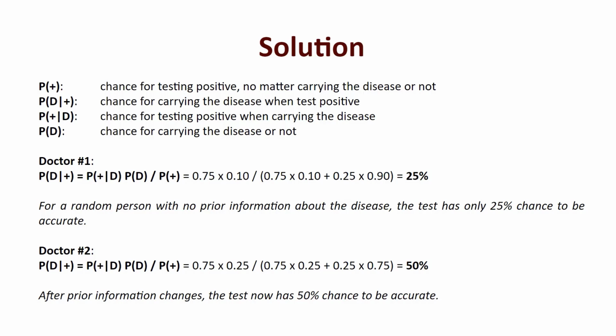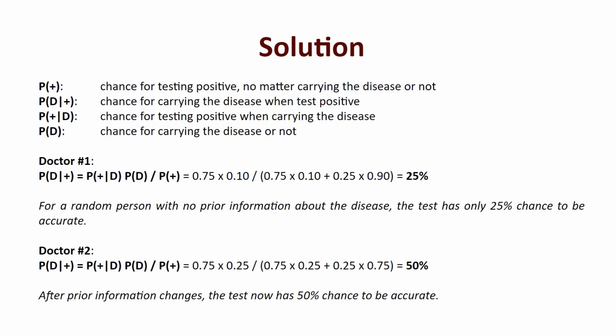And P(D) is the chance of carrying the disease. P(D) is simply the 10% for the general population, because we know this contagious disease is carried by 10% of people. That's the only one with a clear label here. We know for sure it's working that way.